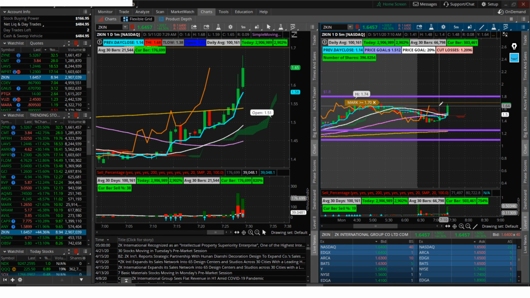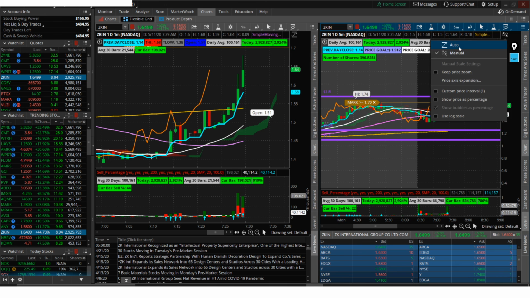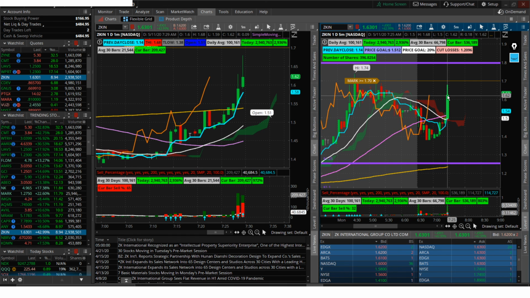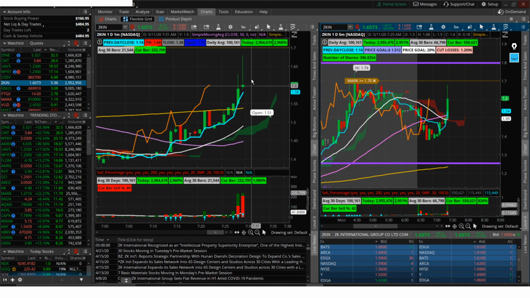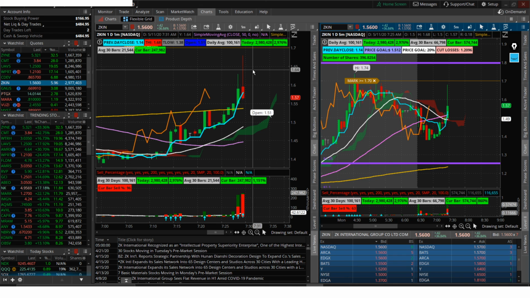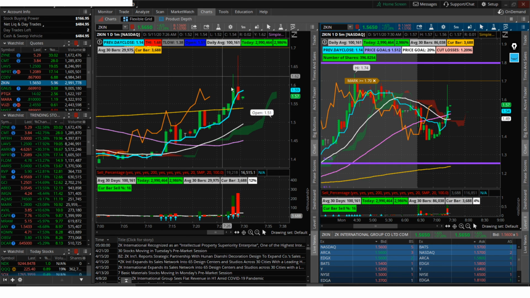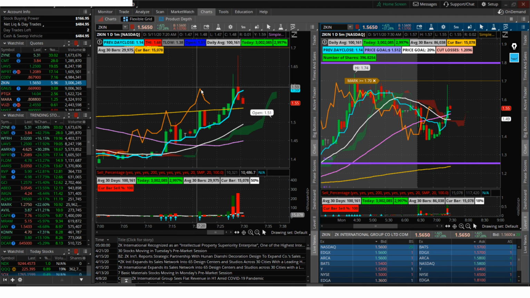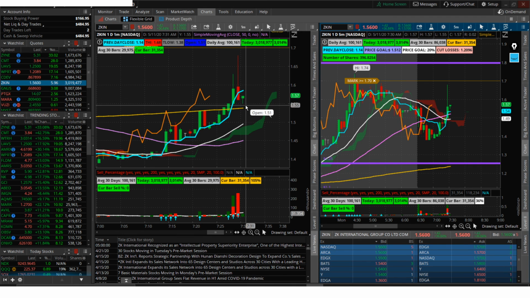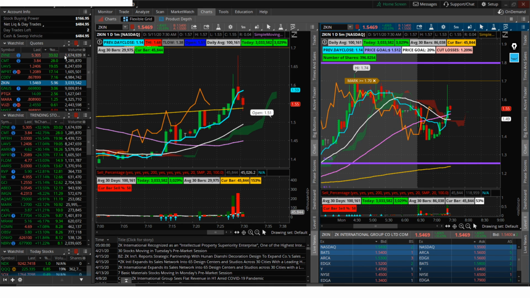So let's say 1.64. It has to hit almost $2, so a 40% gain. But as you can see, the price is already way too much, and it's gonna sell off right now. There you go. It's just selling way too much.